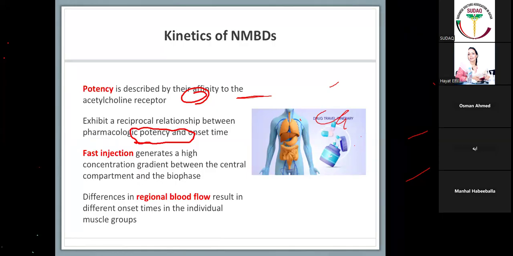In terms of potency, the potency of muscle relaxants is usually described by their affinity to the acetylcholine receptors. There is something interesting about muscle relaxants: they show what we call a reciprocal relationship between pharmacological potency and onset time.